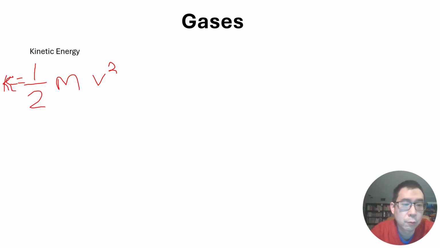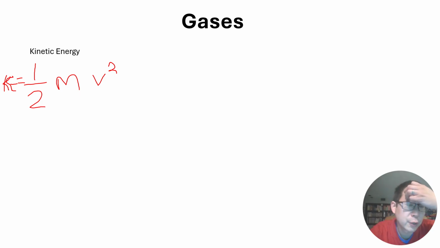Now when we're talking about a ball or a rock, m is a mass, in grams or kilograms, and velocity is in something like meters per second. Now in chemistry, we don't really think about our atoms and our molecules individually in terms of grams or kilograms.